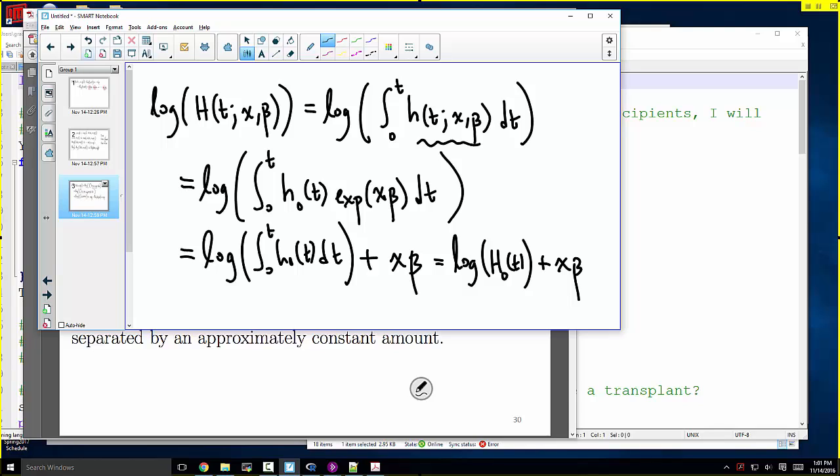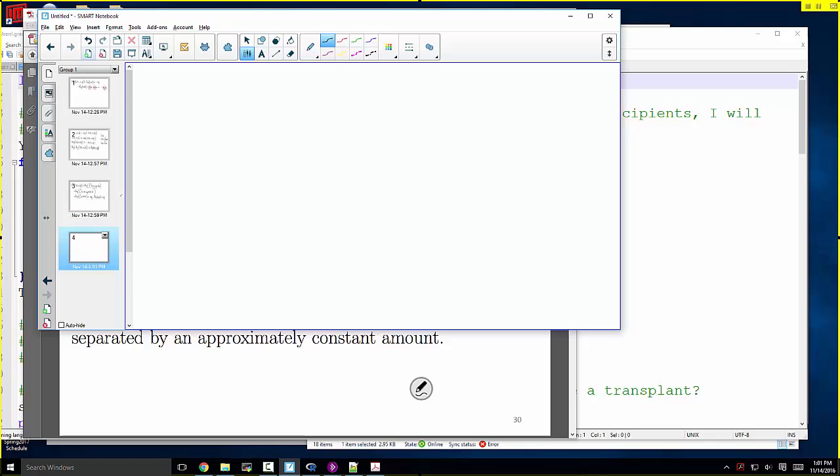So if we have one covariate, say, that is binary, 0 and 1, 0 for control, 1 for treatment, then what we can say is that the survival curve estimate at a given time t when x equals 1 is approximately equal to this log baseline hazard plus beta 1, we'll call it.